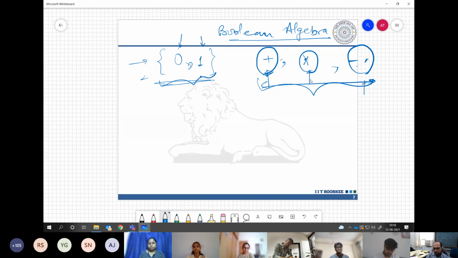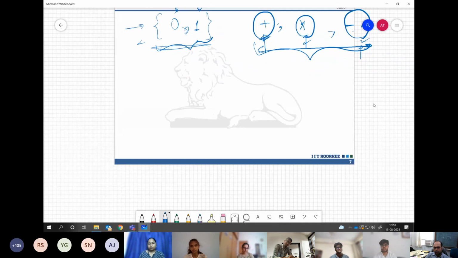Now, what these operations mean, that we will see. Already some of you might be aware what this means. Let us say we have two variables and we define this addition or sum, or more specifically to the binary system, we say this operation as OR.